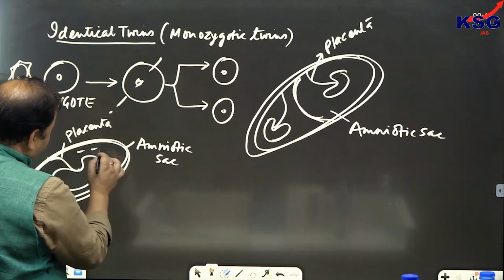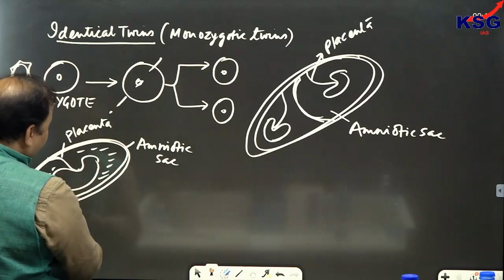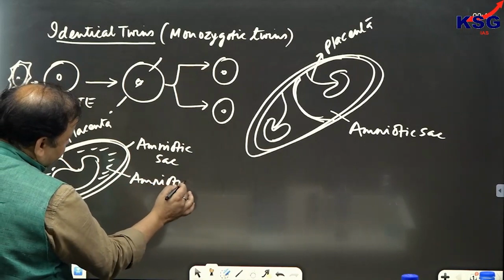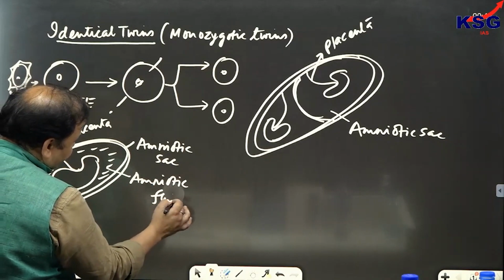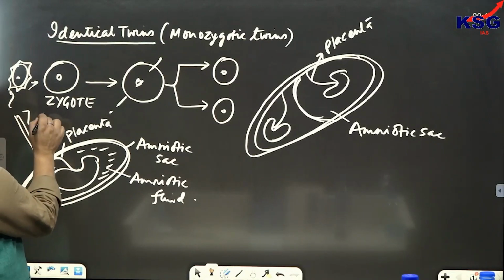And inside the womb we can also see a fluid, which is called amniotic fluid. Clear? And sometimes if the mother feels discomfort, a hollow needle is inserted inside the womb and some of the amniotic fluid is withdrawn.